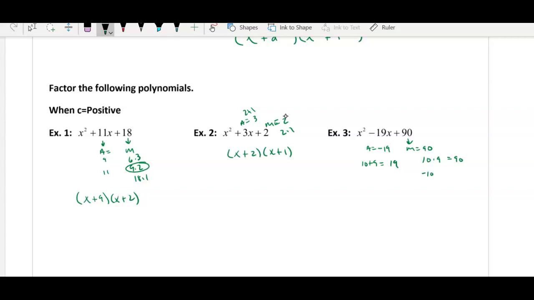But if I make it negative 10 and negative 9, that would give me 90, and negative 10 plus negative 9 would give me negative 19. So the set of factors we're going to use are negative 10 and negative 9. So this final answer would factor out to be x minus 10 times x minus 9.